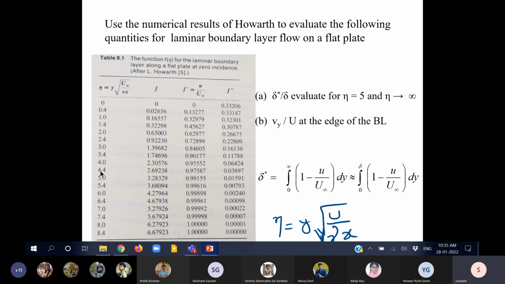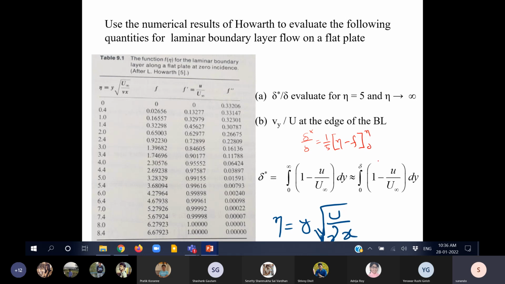So you know the value of eta is 5, and the corresponding value of f is 3.28 something. So you are evaluating delta star by delta to be equal to 1/5 of eta minus f from 0 to eta.